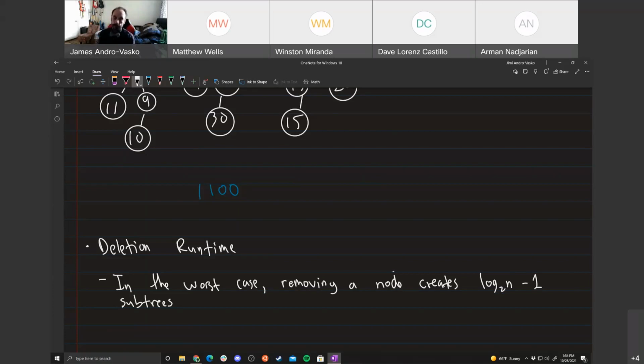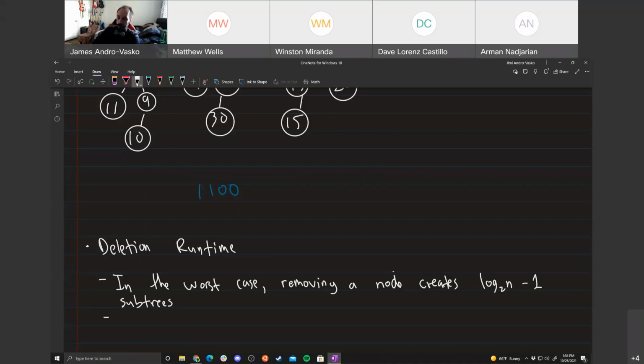Each of those merges would be very fast because there wouldn't be too many trees to merge with. In the worst case, we have to merge all of them one by one, and each of those merges takes constant time, but there'll be log n of those trees.